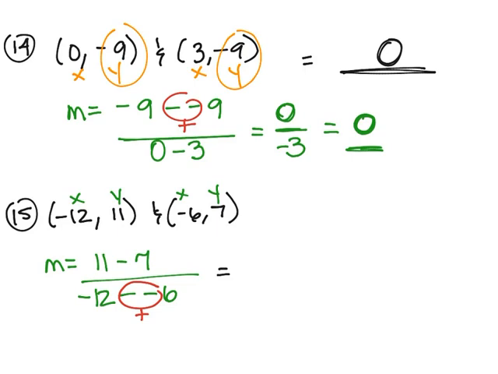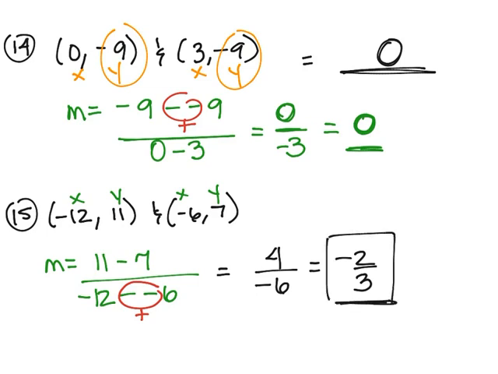So 11 minus 7 will give you a 4. And negative 12 plus 6 will give you negative 6. Reduce all fractions. So use your ABC button if you need to. Type in negative 4, ABC 6, and you would see this reduces to negative 2/3. All fractions must be reduced. If not, I will take off.